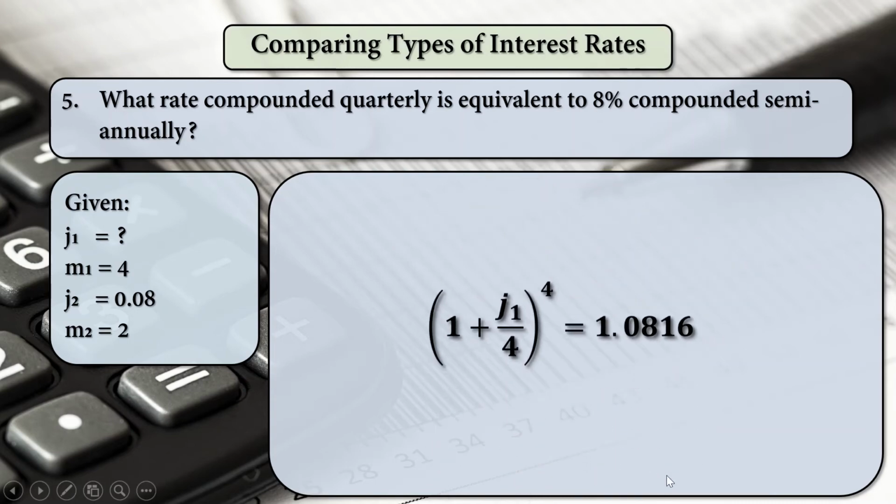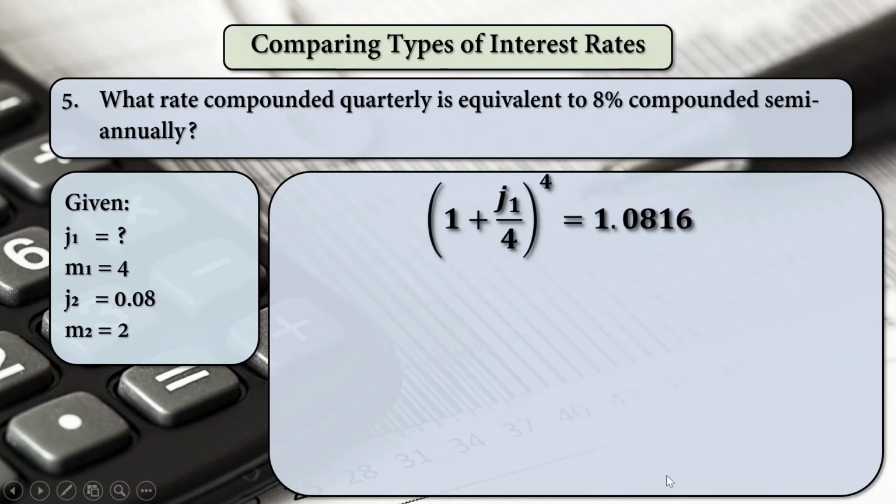1.0816. And then we are going to transfer the exponent 4 from the side with the unknown J1, from left to right side of our equation. So that will be 1.0816 raised to the exponent of 1/4.